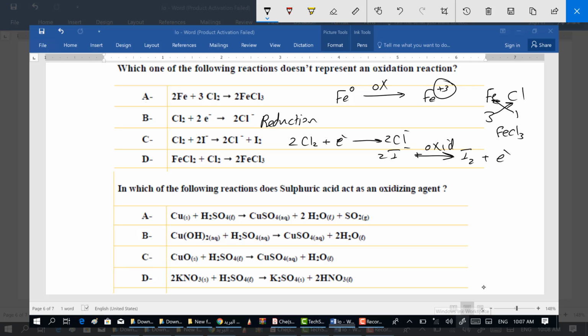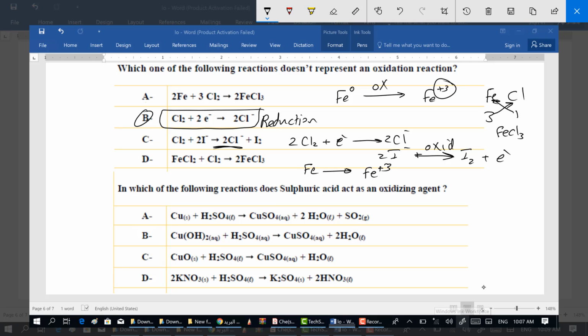For this case, Fe changes into Fe positive 3. In this case, we will find the oxidation and reduction, but in this case, it represents only the reduction process, so it will be the correct choice. The correct choice will be B.